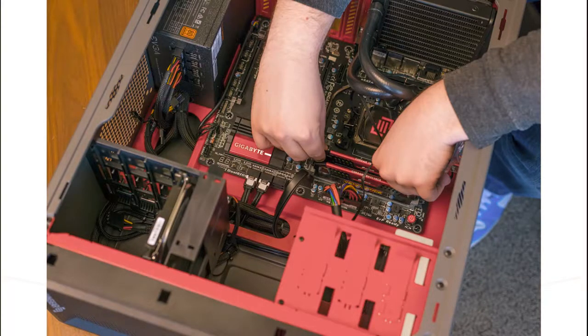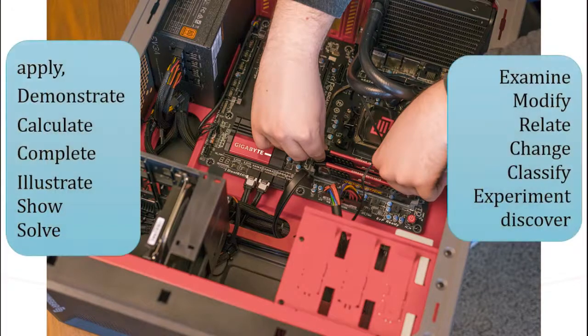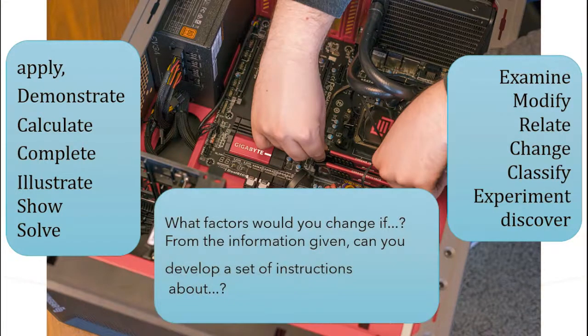When it comes to application, the most common words or context clues that we can observe would be apply, demonstrate, calculate, complete. And the most common questions that would be thrown at us would be, what factors did you change? What information is given? Can you develop a set of instructions about it?